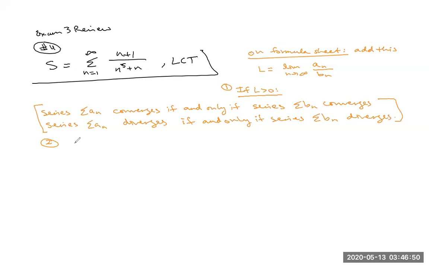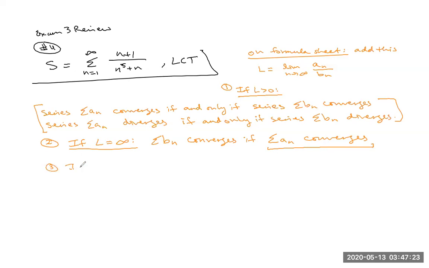Second condition is if L is equal to infinity. So if your limit is infinite, series b sub n converges only if series a sub n converges. So you would have to check the convergence of series a sub n before you knew anything about b sub n.